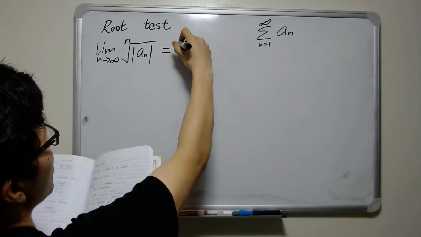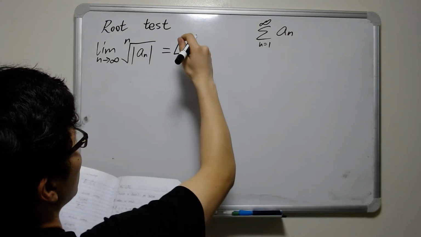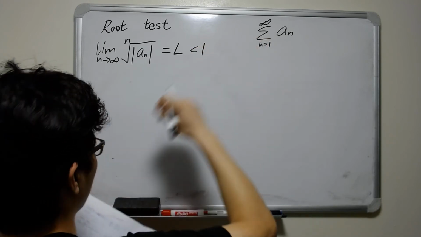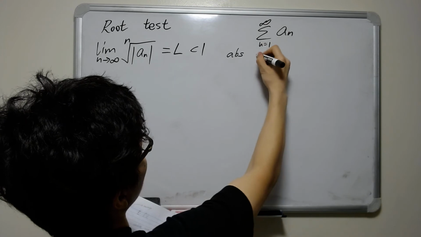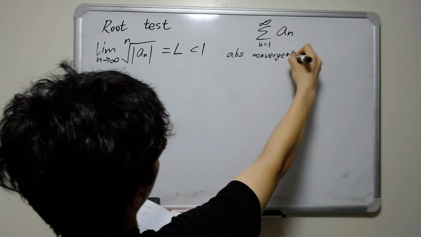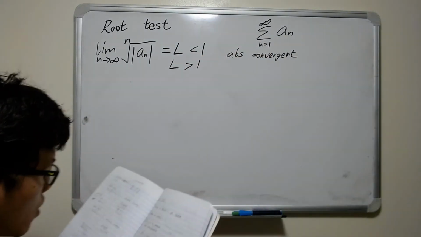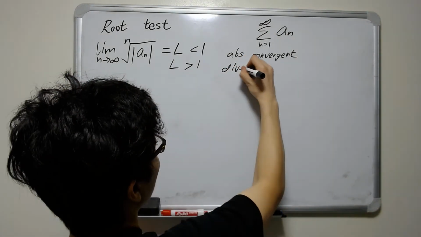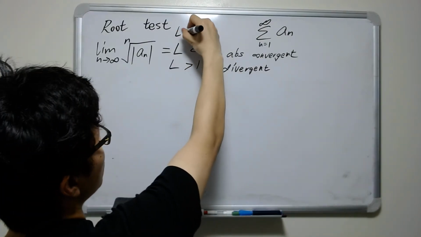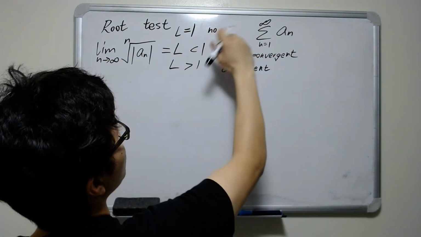If we get this limit is some constant L, and if L is less than 1, then we can say this is absolutely convergent. If L is greater than 1, it's divergent. And if L is equal to 1, the same as the ratio test, no conclusion.